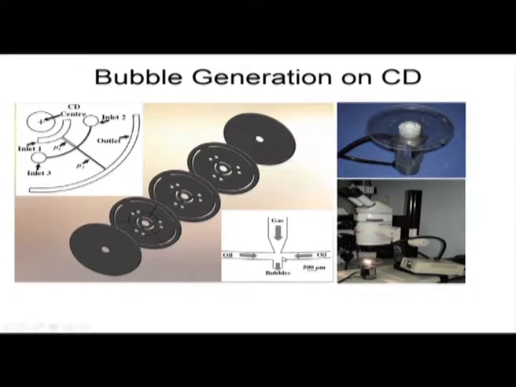You have oil and you have gas, and these interact at the junction to generate bubbles. There are different inlets and outlets, and this structure is designed on the CD, and it is fabricated by using the same technology that I had demonstrated by the video.